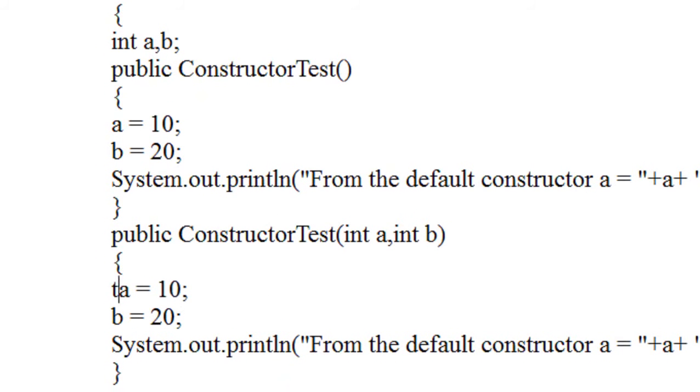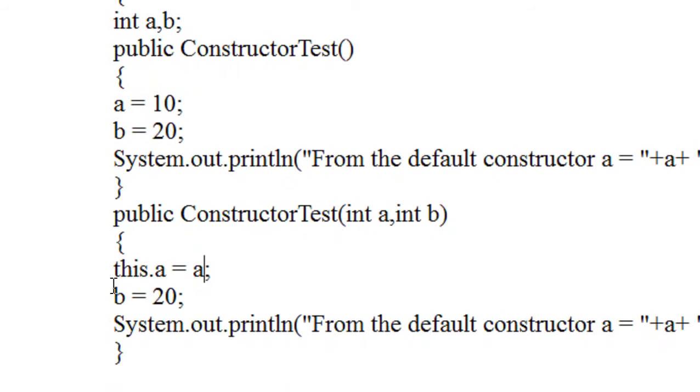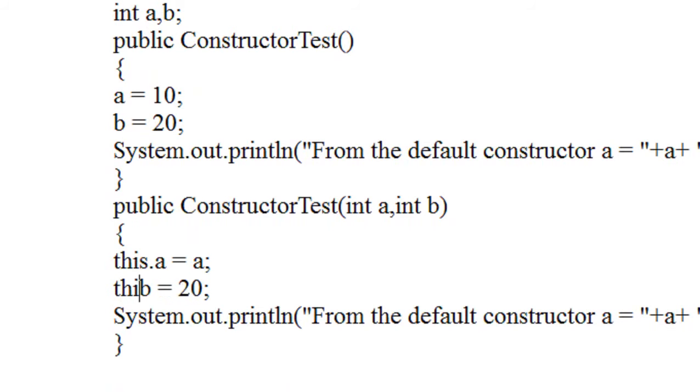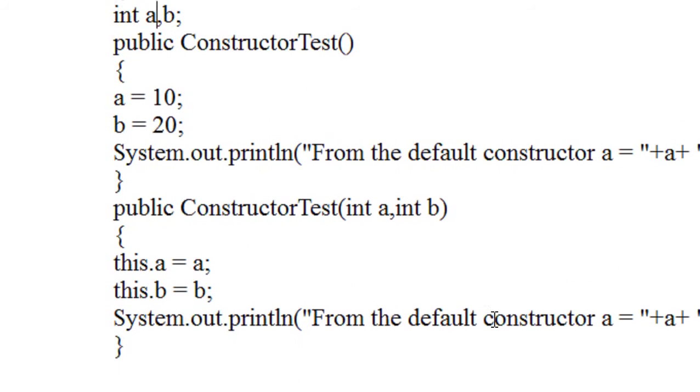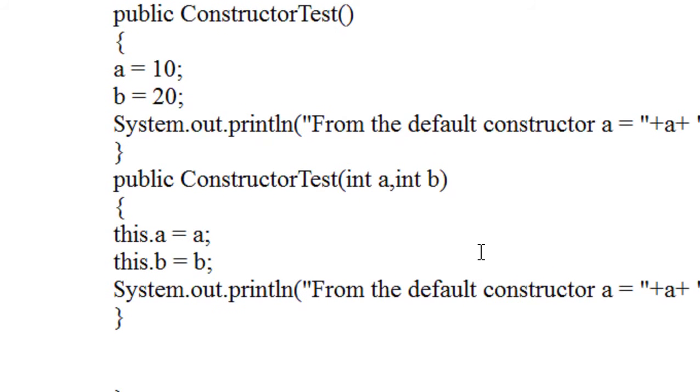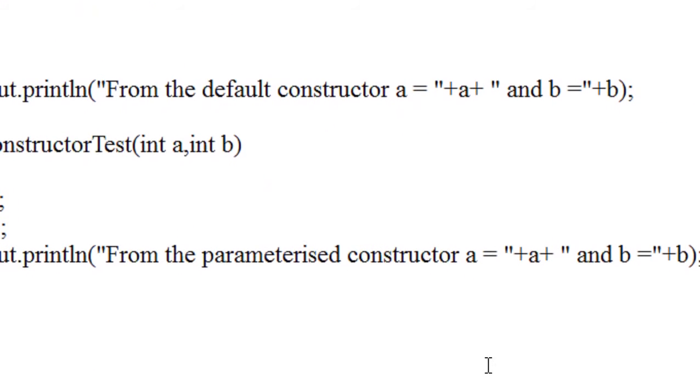So I write this.a is equal to a, this.b is equal to b. I just assign these two arguments to the variables a and b of this class. Here I am going to print "from the parameterized constructor" and also print the values of a and b.